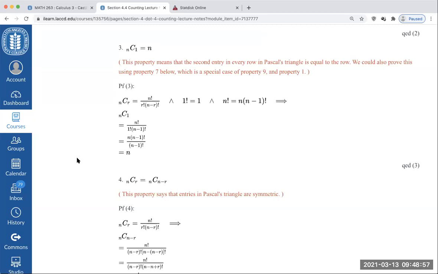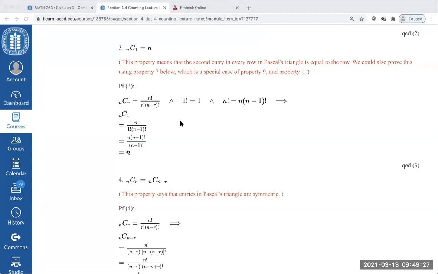Okay, one second. Next, I want to show that NCR is equal to NC n minus r. Let me show you this first.